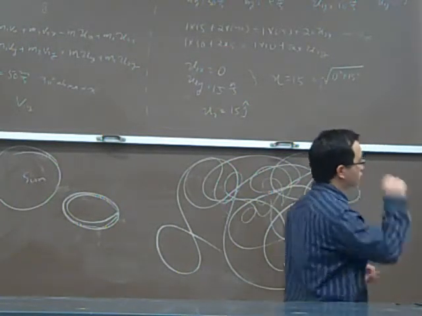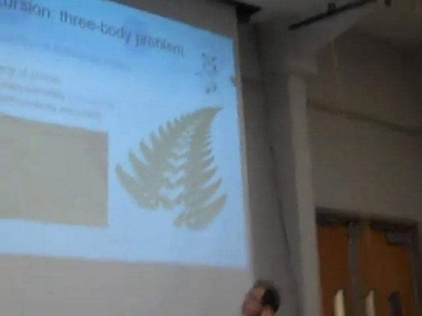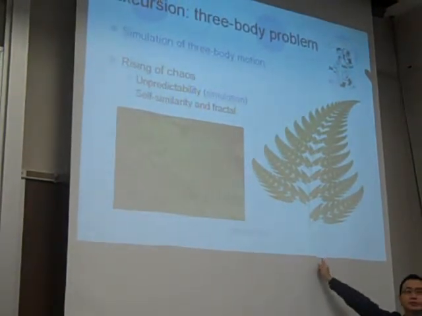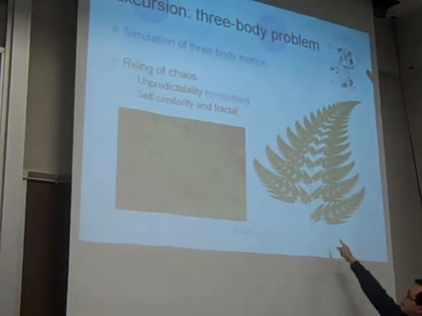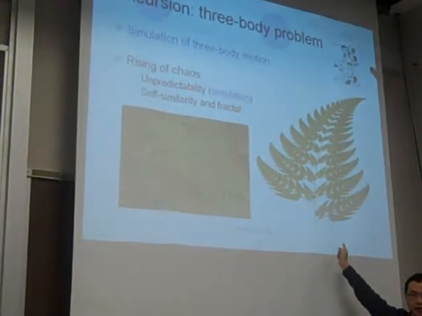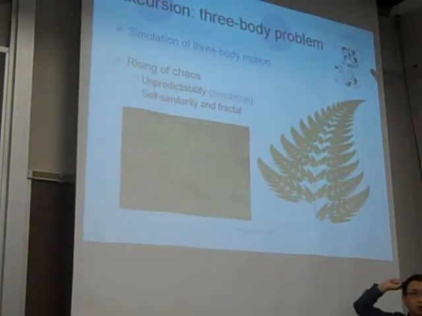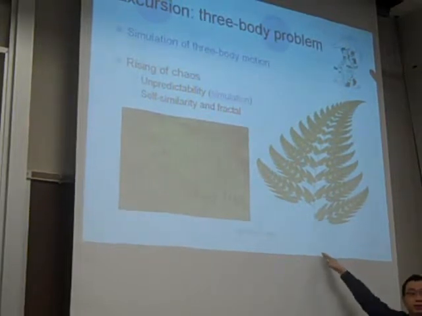We cannot explore the details. But here, chaos is closely related to self-similarity and fractals. I think we talked about this before. If we follow some chaotic motion, we use a computer to generate this graph. Please note that when we try to generate this graph, we didn't think about generating any leaf-type graph.